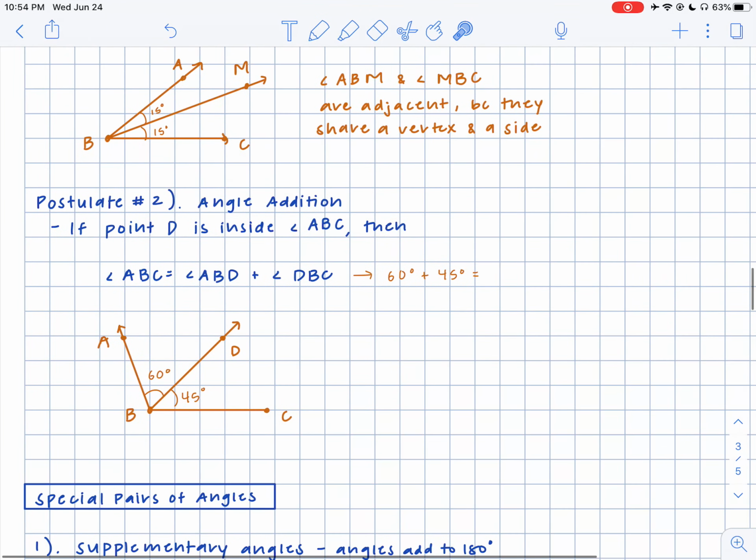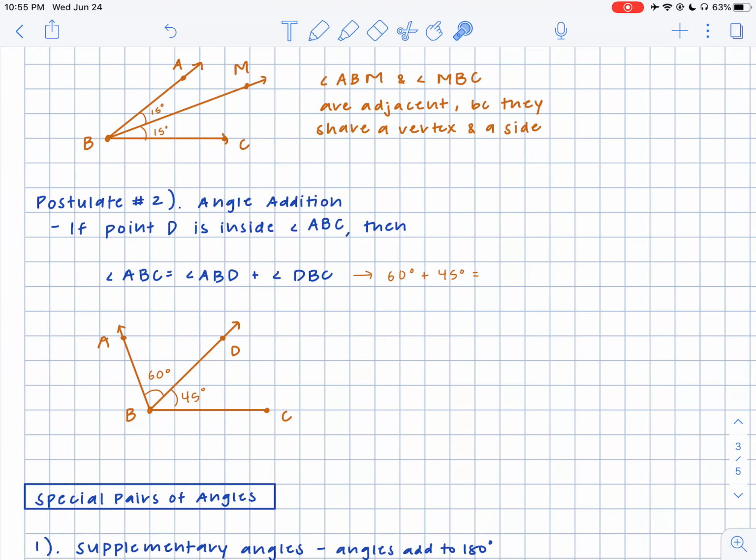So let's get into our second postulate, the angle addition postulate. Remember, our first postulate was the segment addition. Now this is actually very similar, but it's talking about angles. It says if point D is inside angle ABC, then angle ABC would equal angle ABD, this smaller angle, plus angle DBC, this other smaller angle.